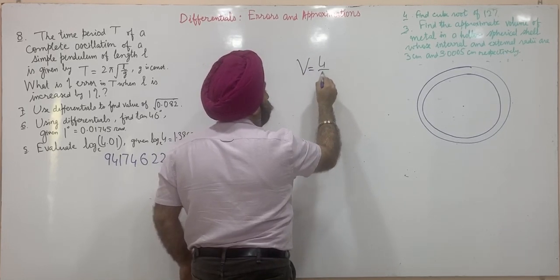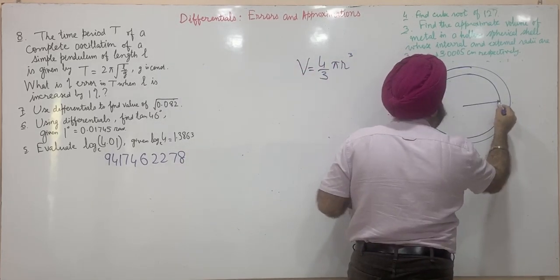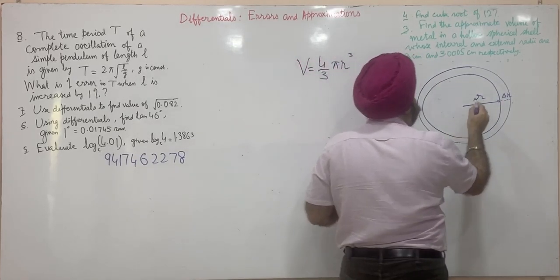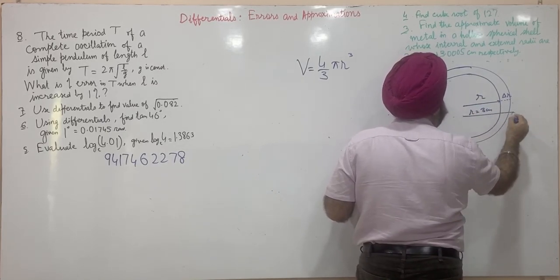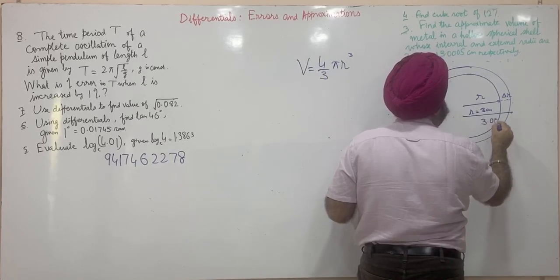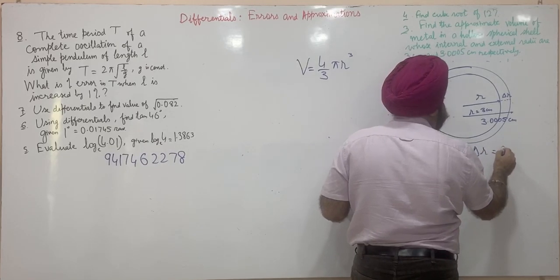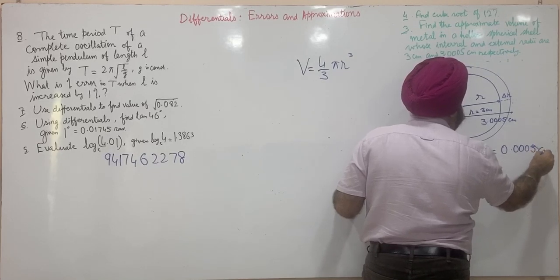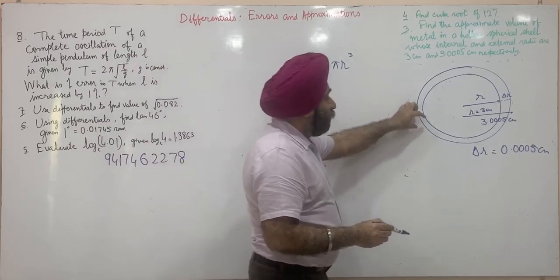Volume we know is 4 by 3 into pi r cube. So this is r, and this is increased by delta r. If r is 3 centimeters and r plus delta r is 3.0005 centimeters, this means delta r is 0.0005 centimeters.